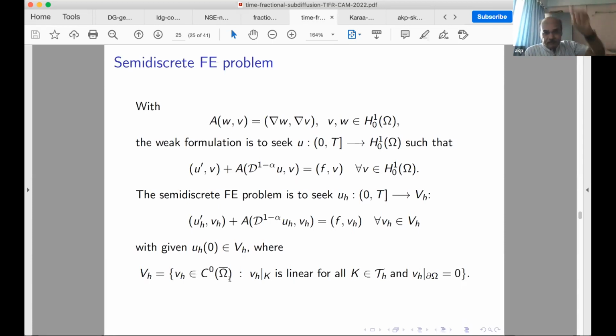That is the beauty of the energy argument, which I am going to talk about. You take a finite dimensional subspace, with piecewise linear elements. In the L2 norm, the best rate of convergence is going to be h squared, where h is the discretizing parameter. So pose the problem in the finite dimensional setting.